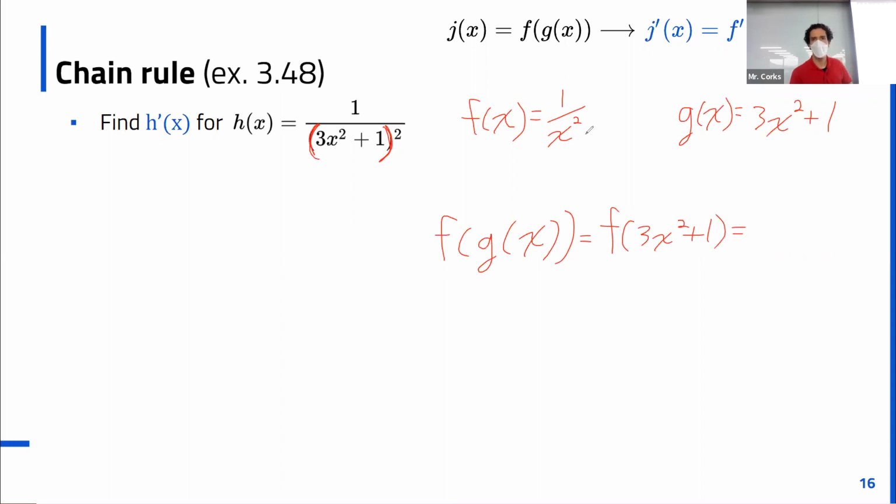And then f of x says the inside part gets squared, so that's 1 over 3x squared plus 1, squared. So this is before we've done any derivatives. This is just understanding function notation and nested functions inside each other.